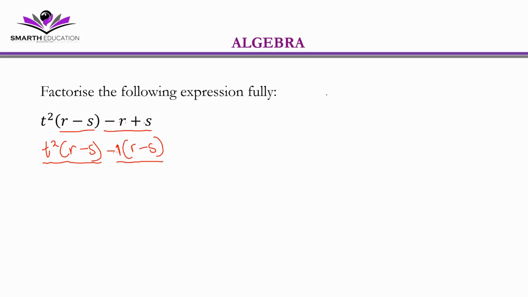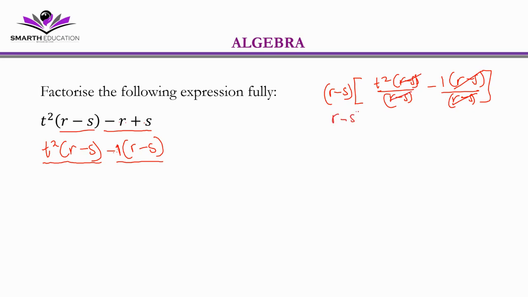So what you do, you factor it out, say r minus s, then t squared, then r minus s divided by r minus s, then -1 r minus s divided by r minus s, then r minus s divided by r minus s is 1, r minus s divided by r minus s is 1, we remain with r minus s, and then t squared minus 1.